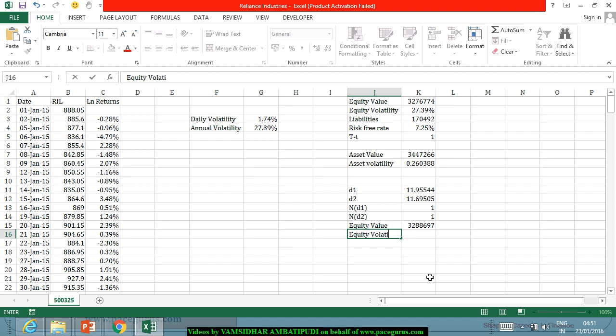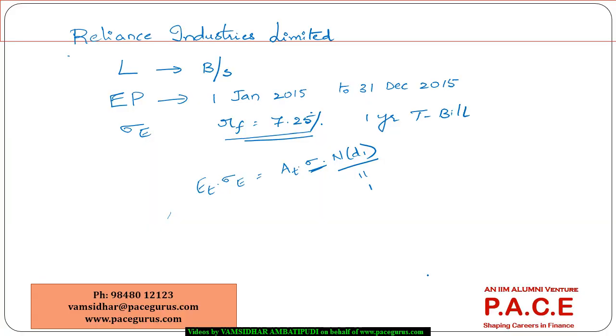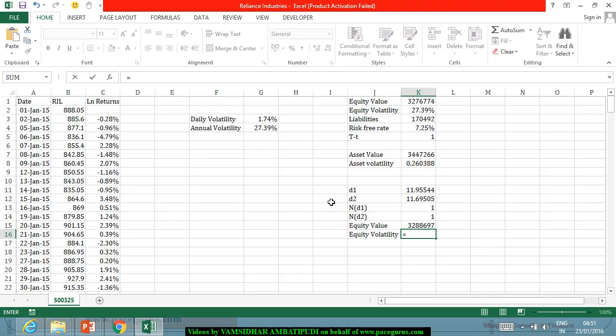Similarly, for the equity volatility I'll go with the same logic. We have this formula, right? So from here I'll find the equity volatility by taking the ET here: AT sigma ND1 divided by ET.